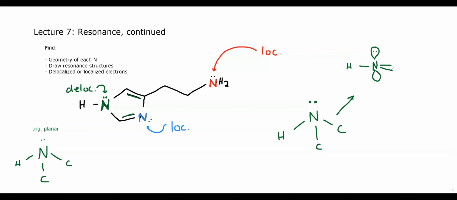Okay, so this is a tricky topic. It's a very tricky situation we have. We have this nitrogen, which appears to be trigonal pyramidal. It has 4 things bonded to it in the shape of a pyramid with a lone pair on top. But the molecule will actually change its geometry to allow this lone pair into a p orbital, into that orthogonal p orbital, like I've drawn up here, to participate in resonance with these double bonds next door.